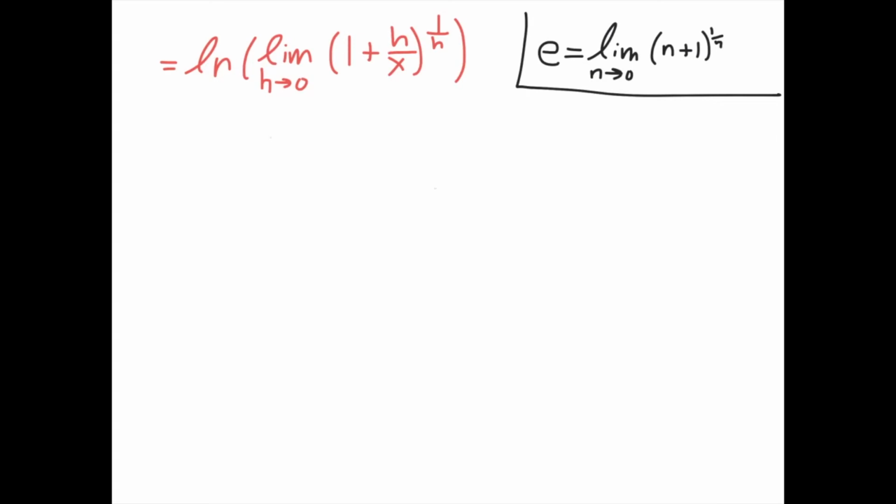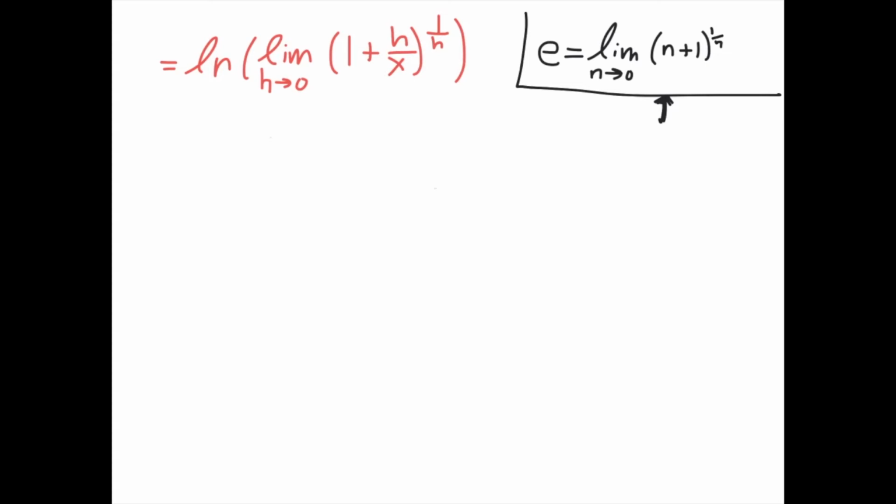All right, to go on with our new page, let's make a substitution. Let's get a new variable, because I'm noticing we have n's over here in our box in our definition of e, and we currently have h's as h approaches 0. But we can get this to look exactly like what we have in our box by doing a substitution.